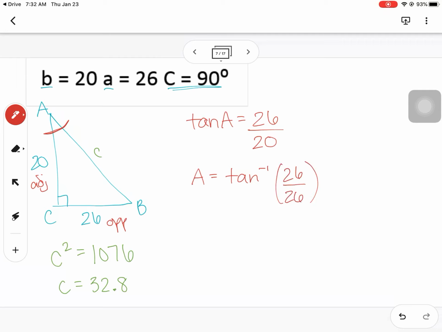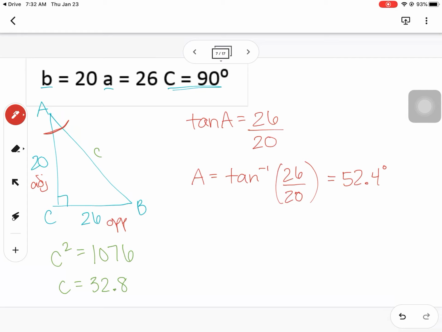The inverse tangent of 26 over 20. Your calculator needs to be in the correct mode for this, but typically you'll push second tangent, your 26 over 20. You should get 52.4 degrees. If you don't, more than likely your calculator's in the wrong mode, so just double check that on yours.